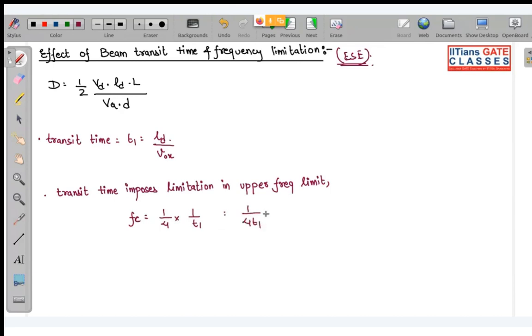This is the upper frequency limit of the signal which your CRO can detect, and it is given by 1 by 4 LD into V0x. This is the direct formula that you have to memorize.